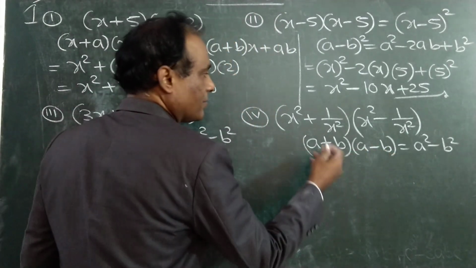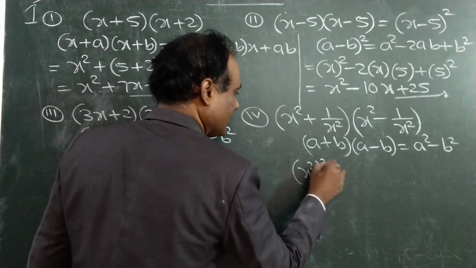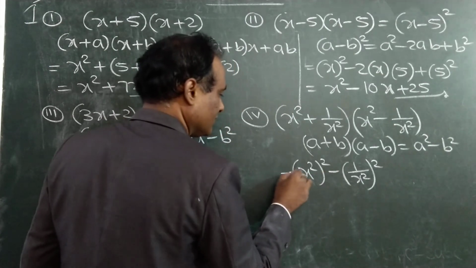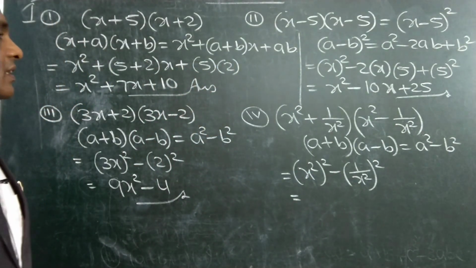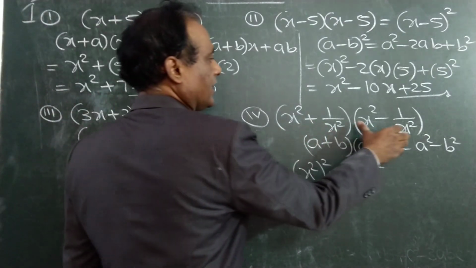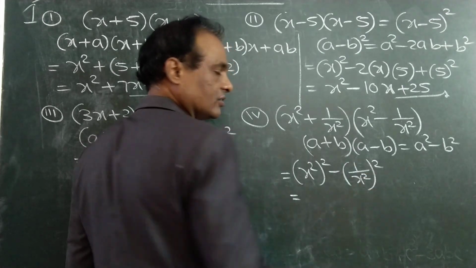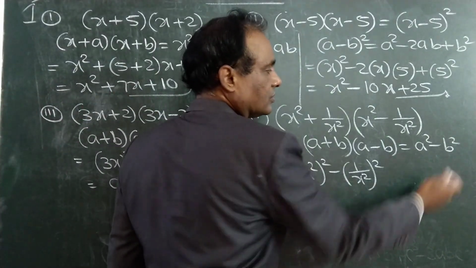(a plus b) into (a minus b), a square minus b square. Formula.